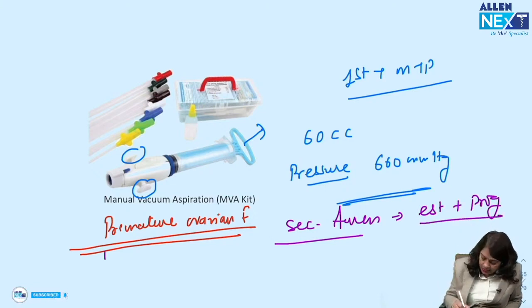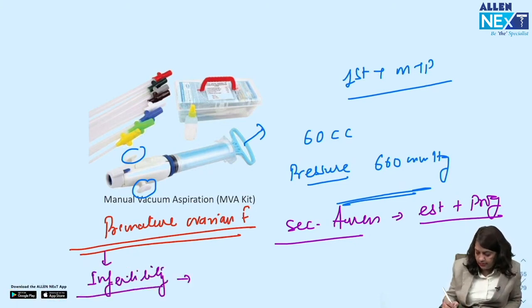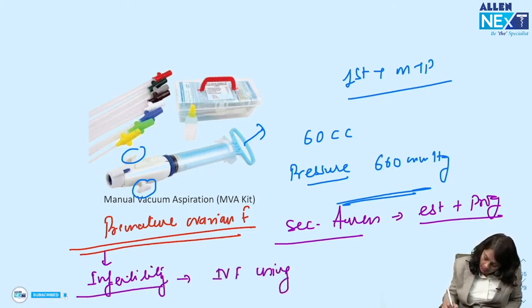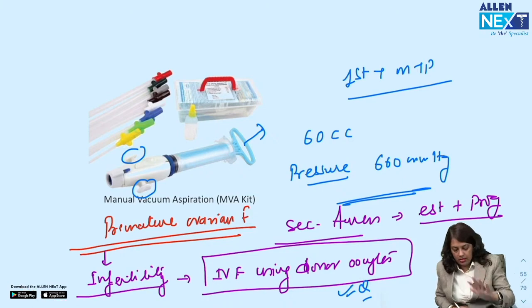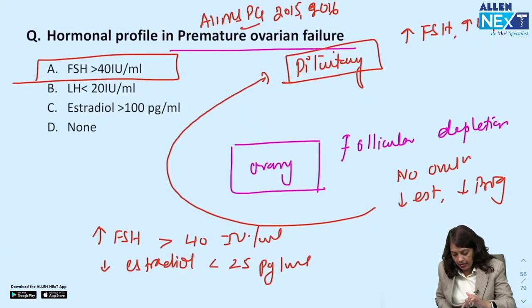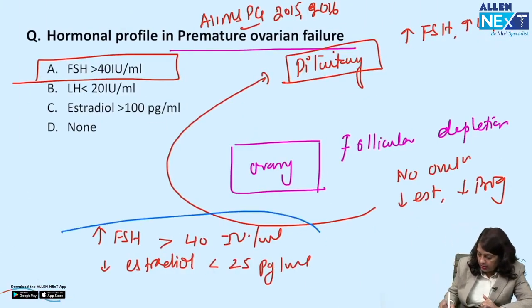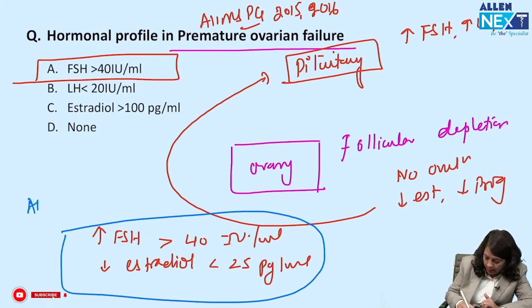If she has presented with infertility, then your answer is IVF using donor oocytes. Question already asked in AIIMS PG. ठीक है. प्रीमेच्योर ओवेरियन फेलियर क्या है मैंने बता दिया आपको. दिस इज ऑलरेडी बीन आस्क्ड इन एम्स पीजी.